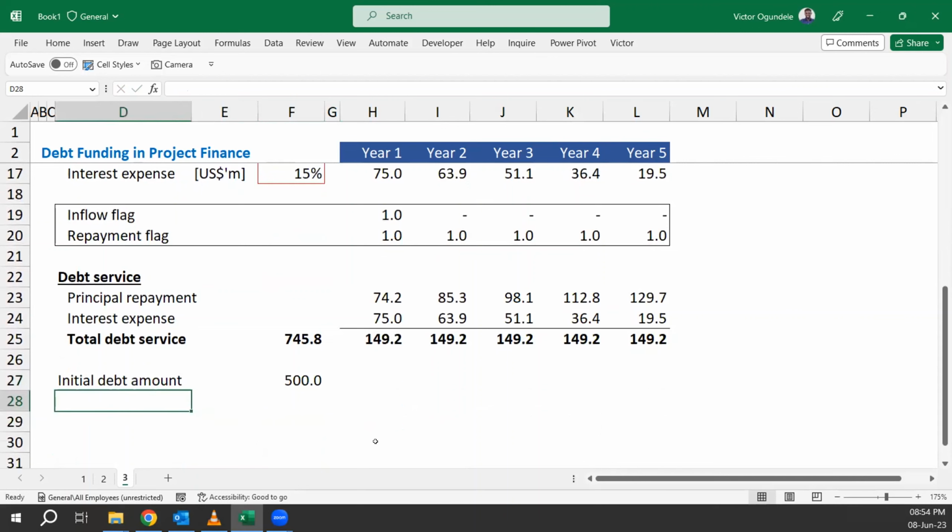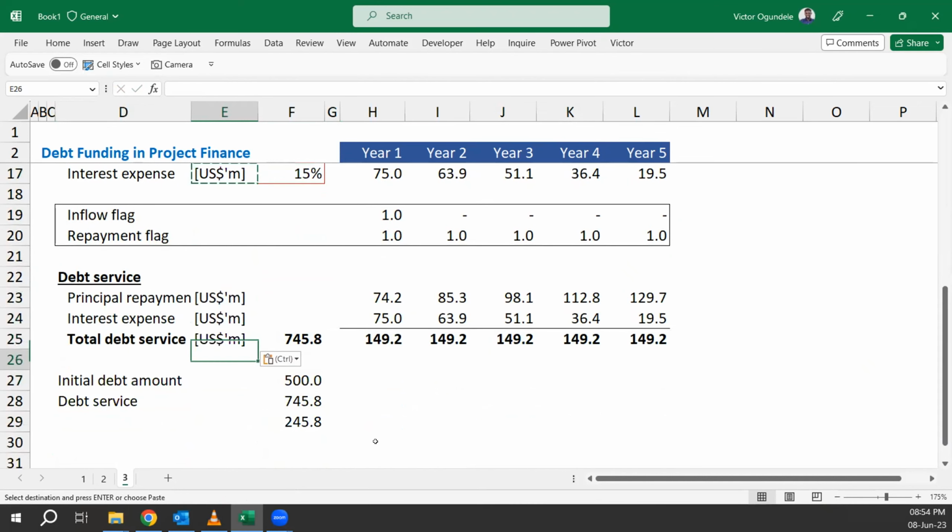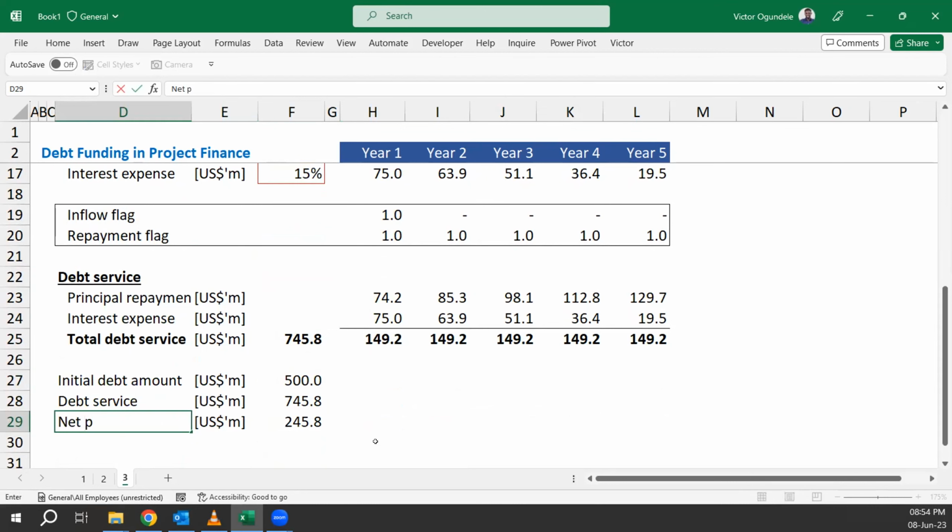And now we are using that to repay the debt service. We are now using that to pay 748. So what is more like the benefits that have been accrued here? So that's like $245.8 million. Let me always go to add your units whenever you are building your model. It's part of the best practice, right? So let me call this net benefits, right?